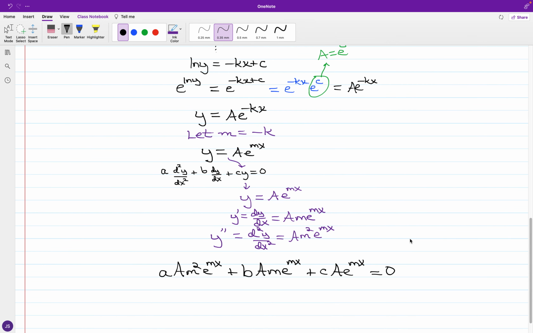And notice the greatest common factor will be uppercase A times e to the mx.